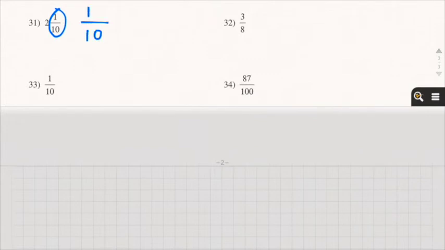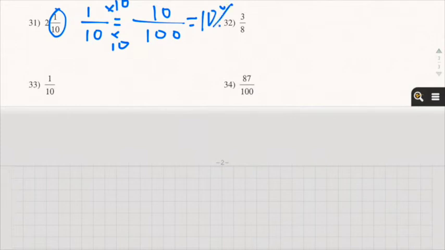Again, because it's out of 100, we can multiply the top and bottom by a factor of 10 to get 100 on the bottom. If we multiply the bottom by 10, we have to multiply the top by 10. So we end up getting 10 here. 10 out of 100 is equal to 10%. And then we can just add that onto the 2.